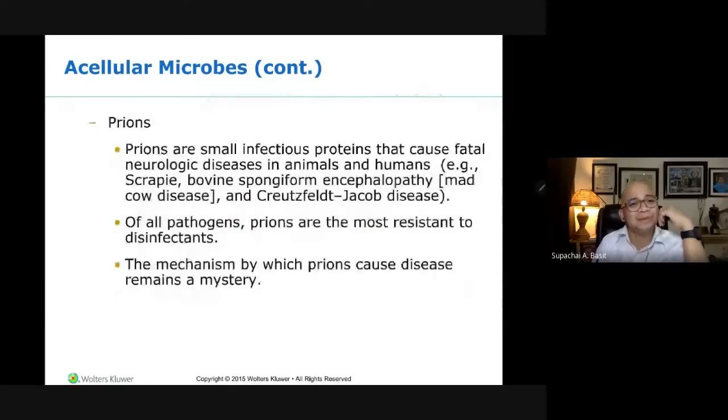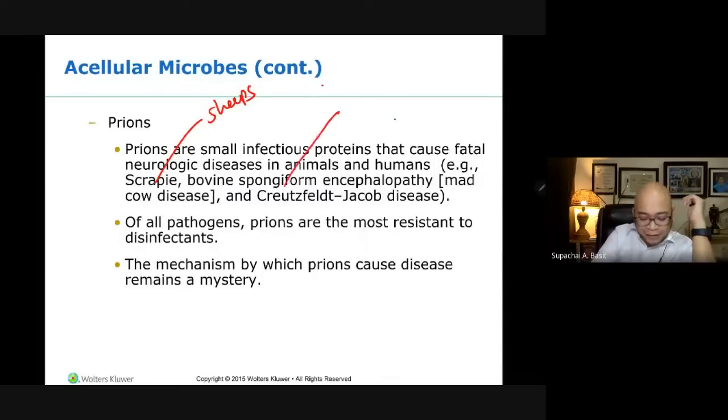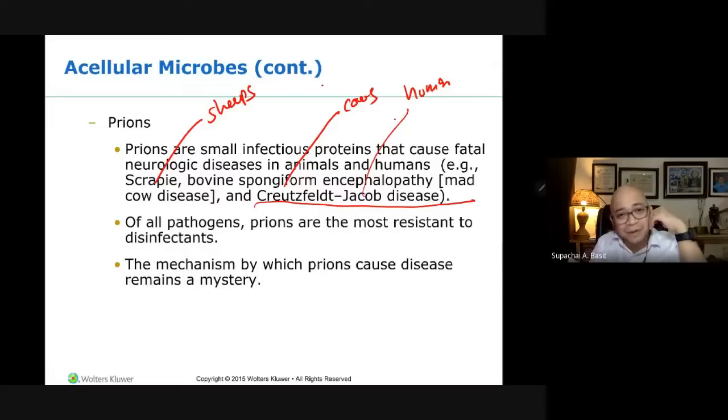Prions are even smaller infectious proteinaceous molecules that cause fatal neurologic disease in animals and in humans. In animals, they can cause scrapie in sheep and bovine spongiform encephalopathy in cows, more commonly known as mad cow disease. And in humans, if we eat the contaminated meat of an infected cow, we can still get prions even if we cook it thoroughly.